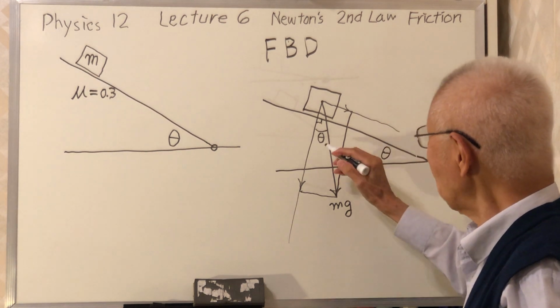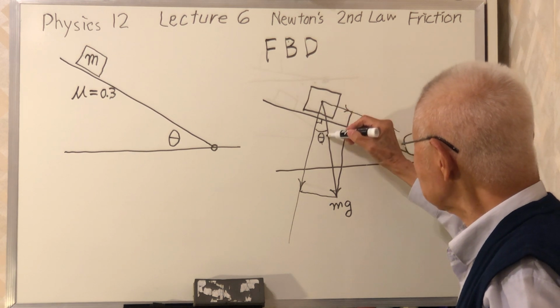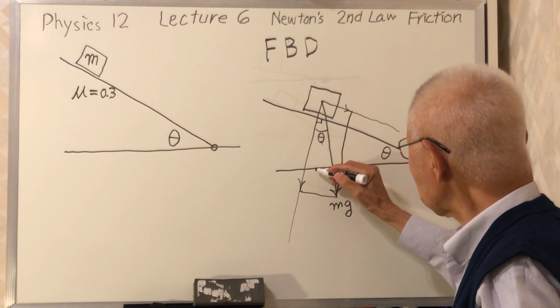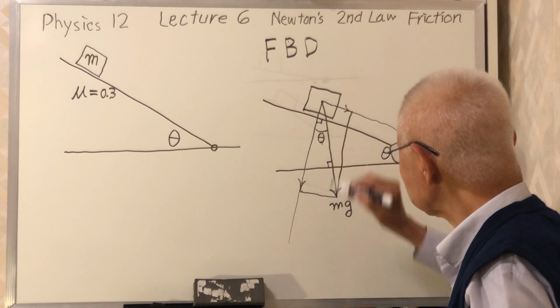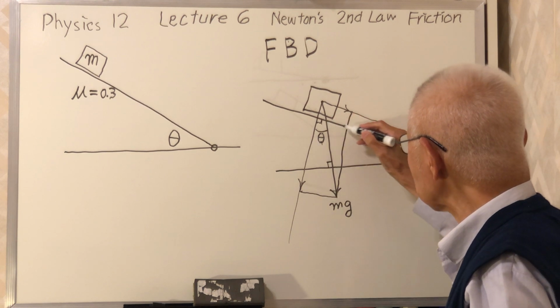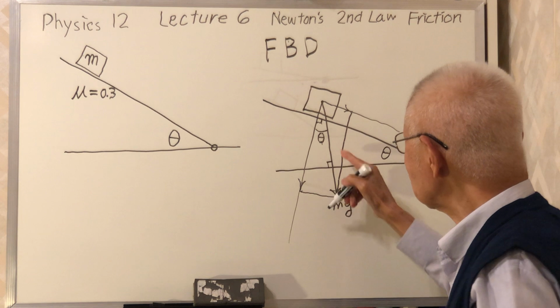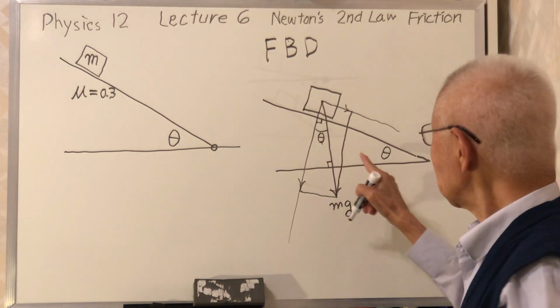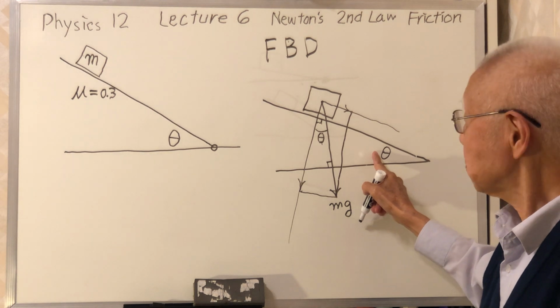Look at this angle and this angle. You see this side is perpendicular to this side. This side is perpendicular to this side. Therefore, this angle and this angle are the same.